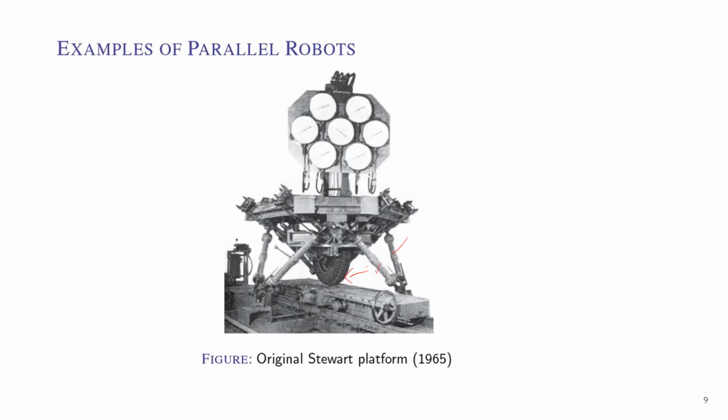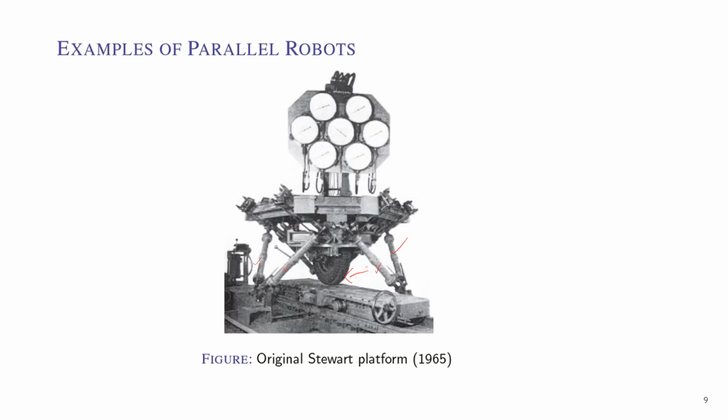You have a universal joint at one end of each link, and a ball and socket joint at the other end. By changing the length of the links, this will modify the position and orientation of the moving platform, and hence that of the wheel.